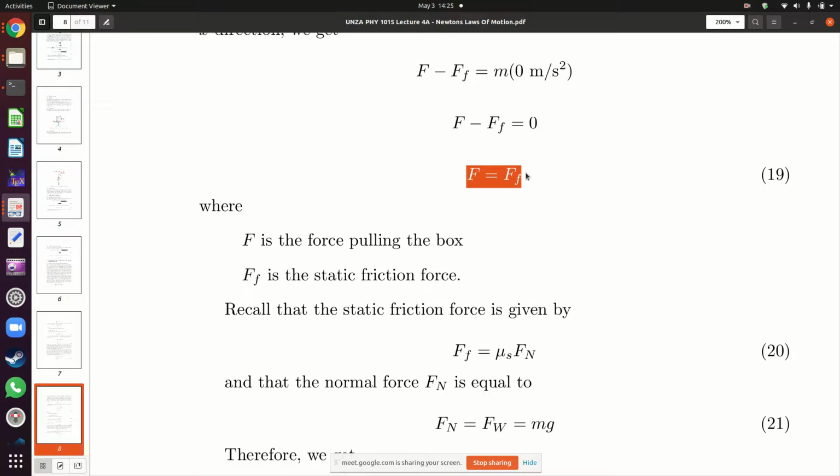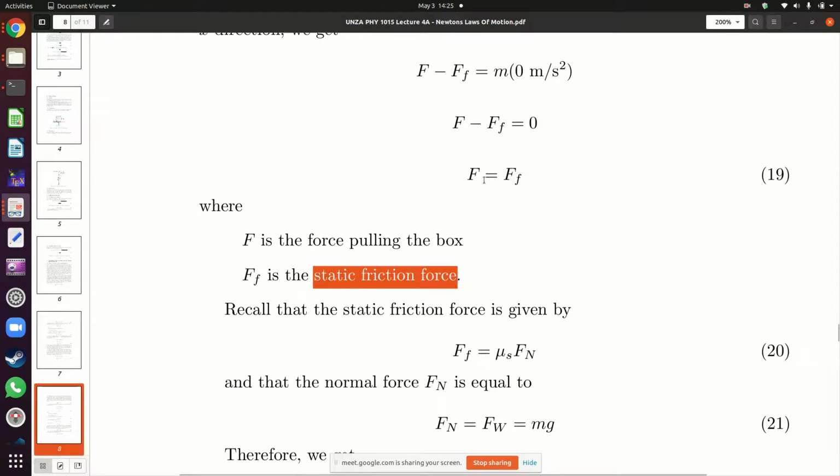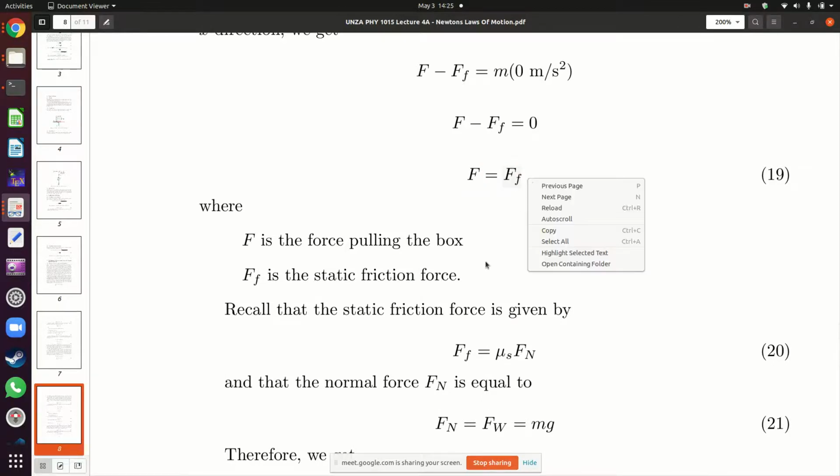Now, the friction we are talking about here is the friction associated with a body which is not moving. That is what is called static friction force. So in our case here, the pulling force is equal to the static friction force.